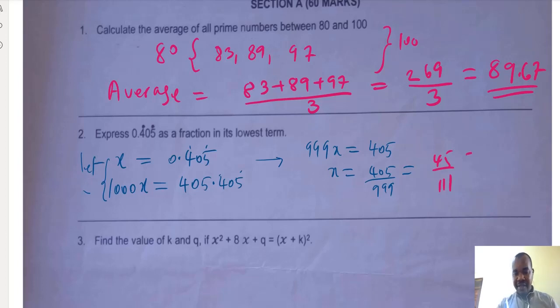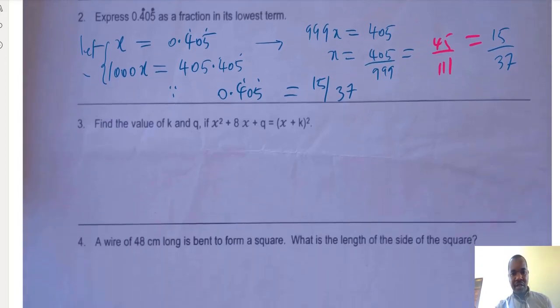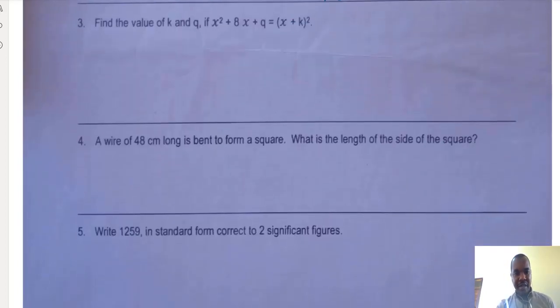And 111 is divisible by 3, of course. So 45 divided by 3, you get 15, and 111 divided by 3, you get 37. Therefore 0.405 repeating equals 15 over 37. So that is the solution for question number 2.